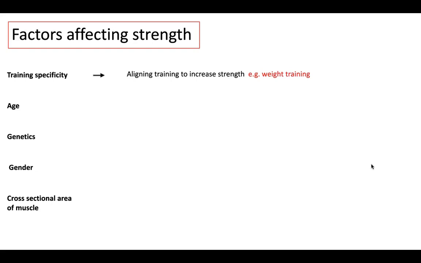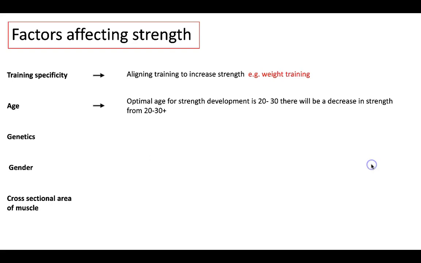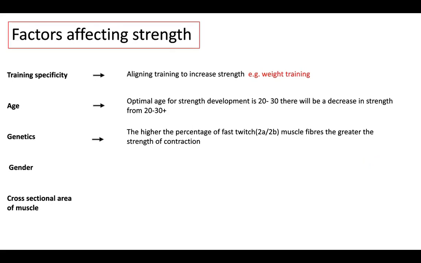Our age is a factor that affects strength. So we are at our optimal strength development between 20 and 30 years of age. There will be a decrease in strength after that age. If we're looking at the genetic makeup, the higher the percentage of fast twitch, so type 2A or type 2B, fast oxidative glycolytic and fast glycolytic muscle fibers, the greater the strength of contraction.